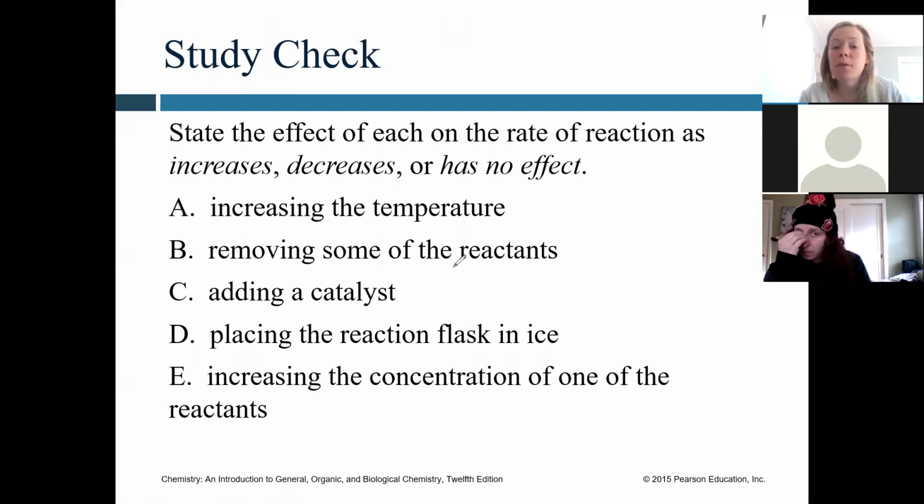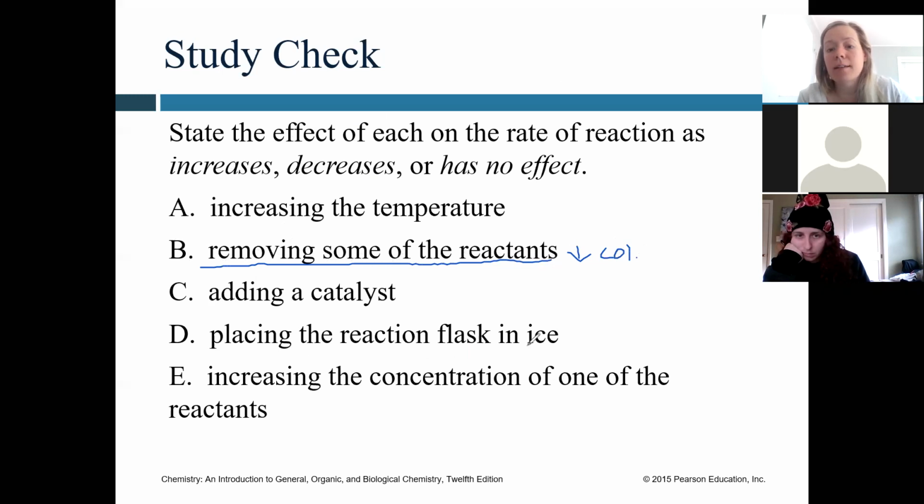If I take some of the reactant out, that means I have less to play around with. I have less collisions, so this should actually decrease our rate of reaction. You have less stuff to make it happen. Adding a catalyst will always increase the rate of reaction, as long as it's the right catalyst.